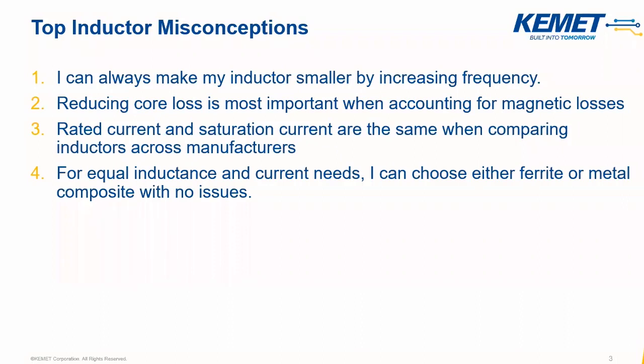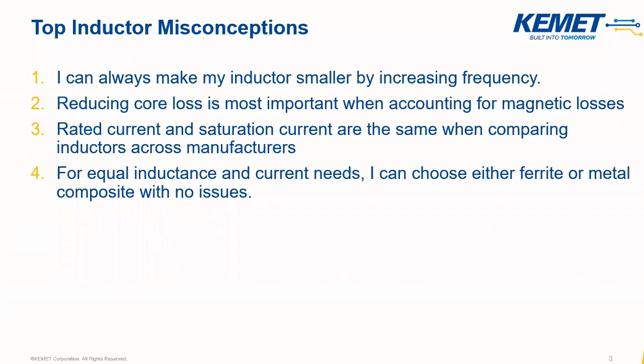This idea, first off, is this idea that you can always make inductors smaller by continuing to increase that switching frequency. Then there's the notion that reducing that core loss is most important when accounting for magnetic losses or inductor losses, really.